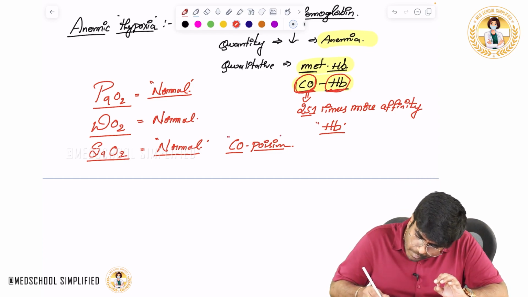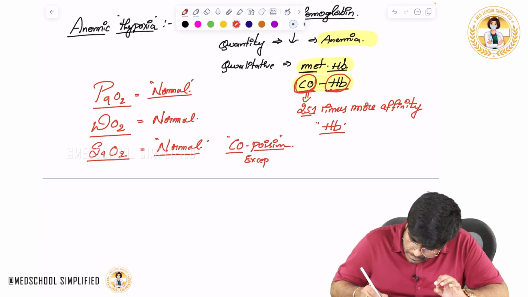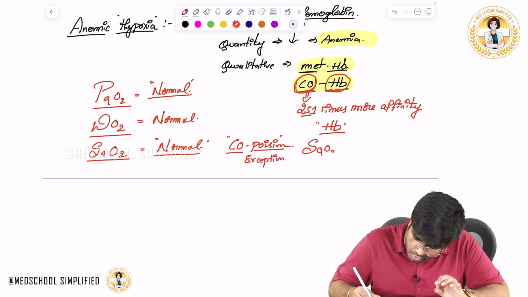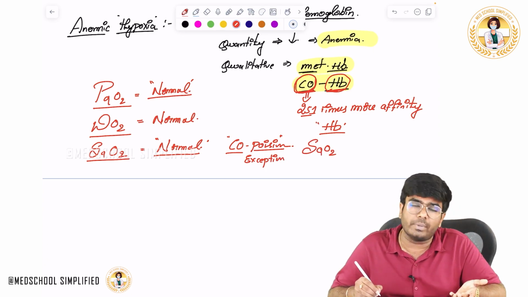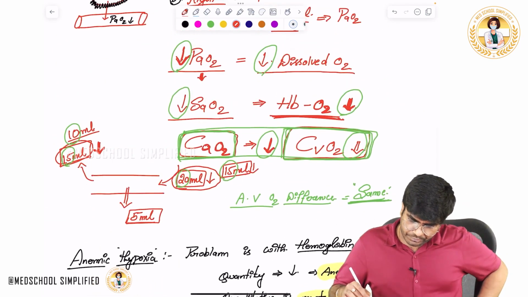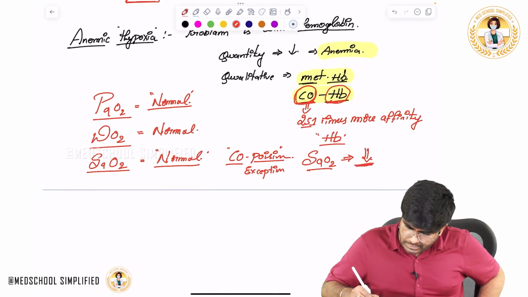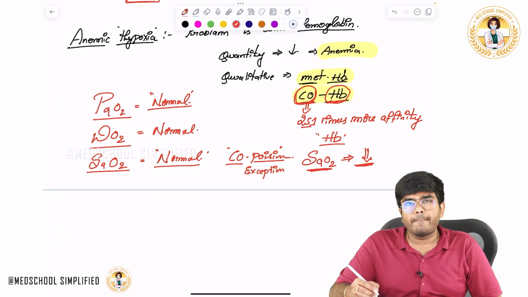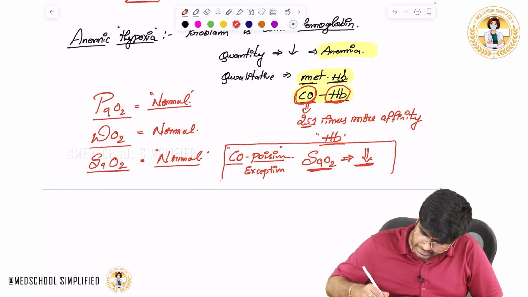So in this carbon monoxide poisoning exception, what about the saturation of the hemoglobin? The saturation of hemoglobin is going to decrease. This is the only exception, so I'm just keeping it aside.